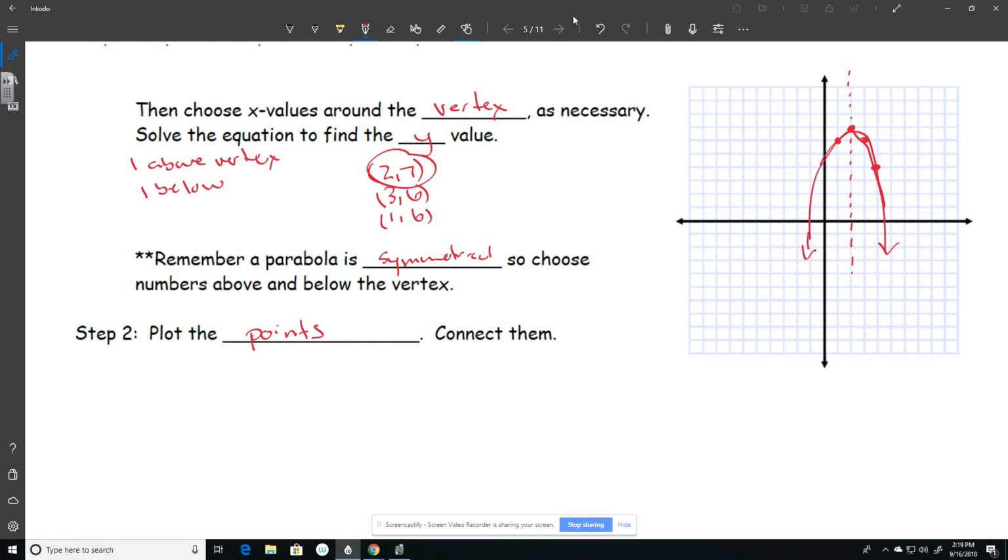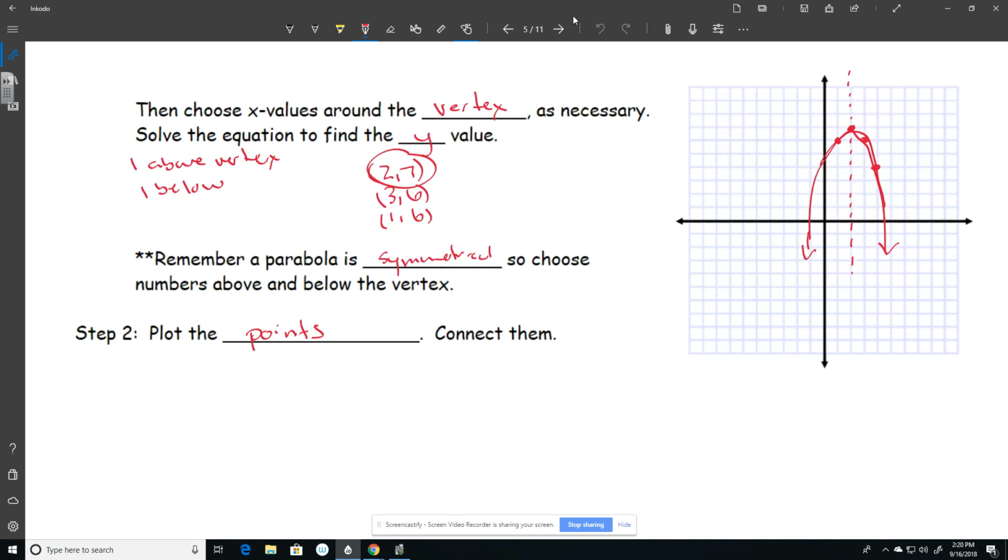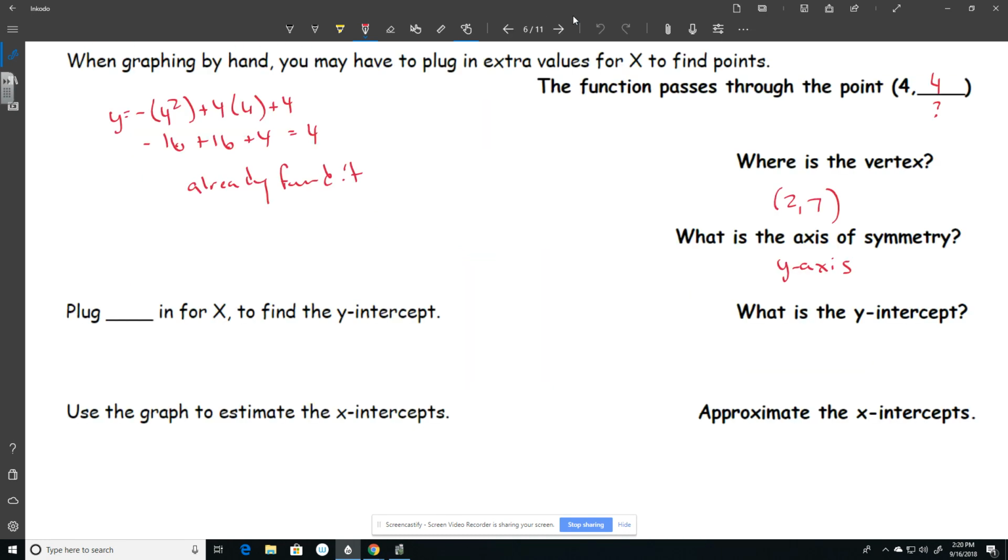So my axis of symmetry is the y-axis, which is always going to be true. It's always going to be true as long as the parabola is pointed up or down. If the parabola points left or right, that changes. But if the opening of the parabola is up or down, then you know that it reflects over the y-axis.